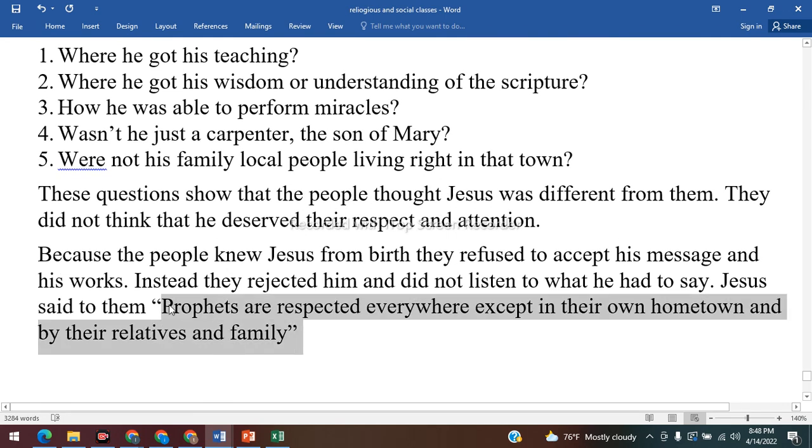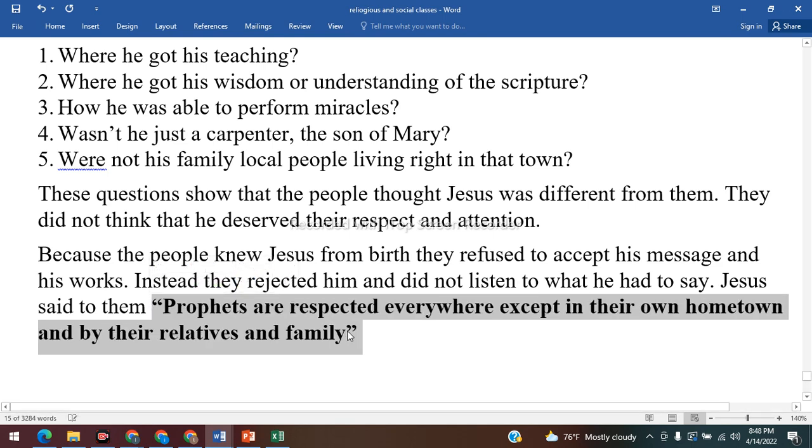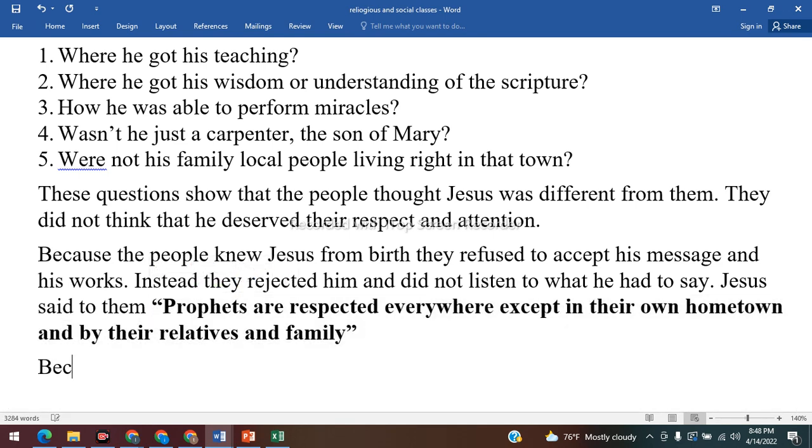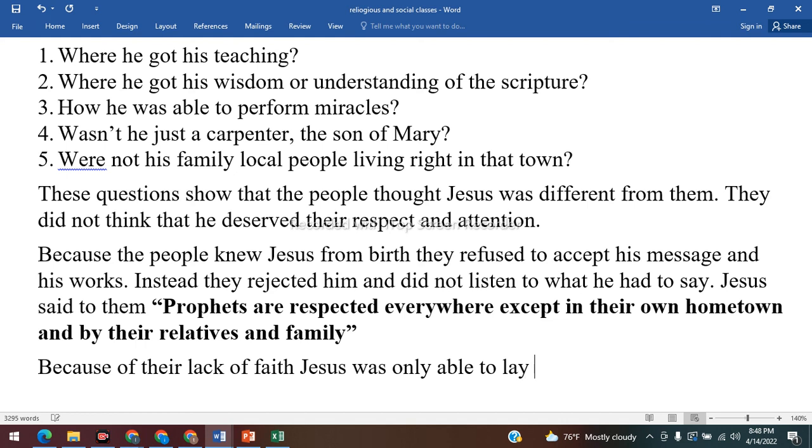Okay. Now, because of their lack of faith, Jesus was only able to lay his hands on a few sick people and heal them. Okay?